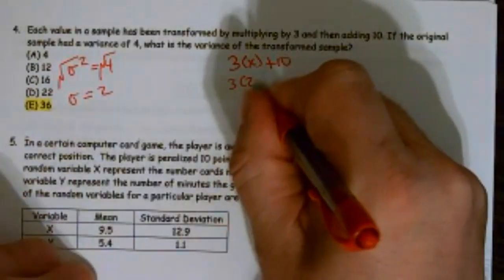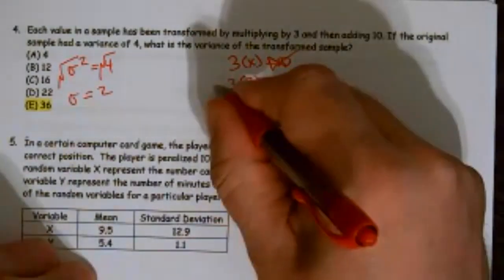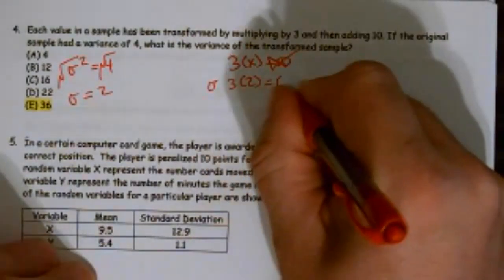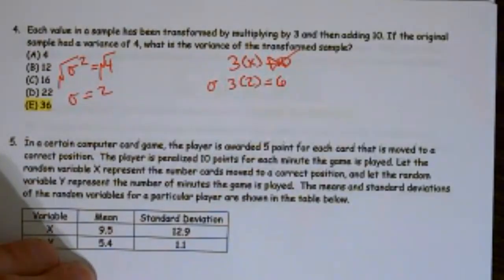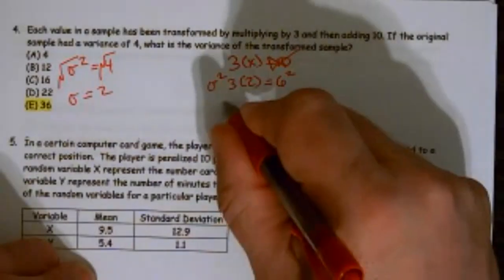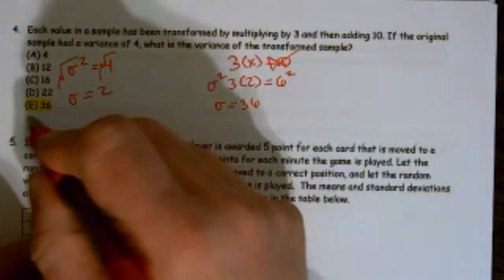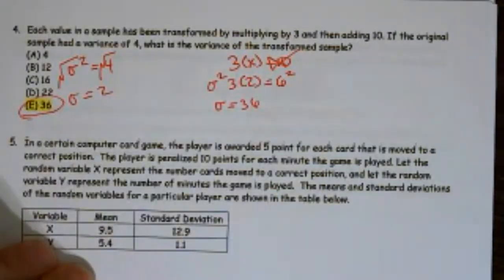And I can go 3 times 2, but I can't have the plus 10, that goes away. So I now have a standard deviation of 6. But I don't want standard deviation, I want variance. So I square that and I end up with a variance of 36, and that's my answer. On the other hand, I could work it directly as variance.